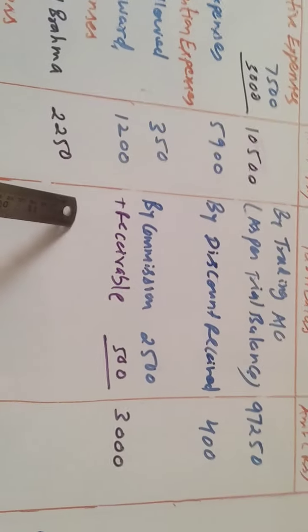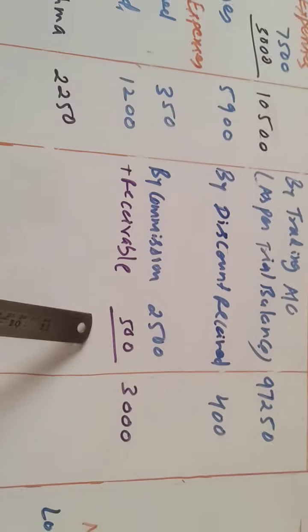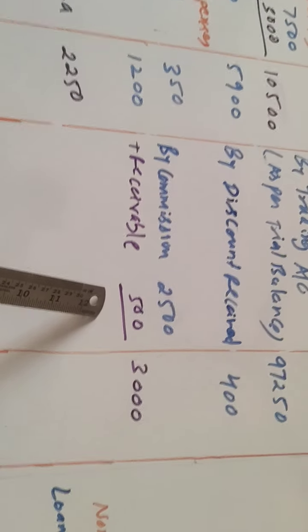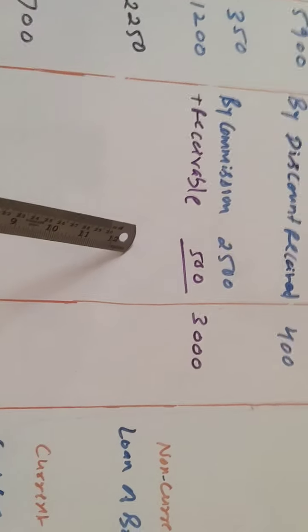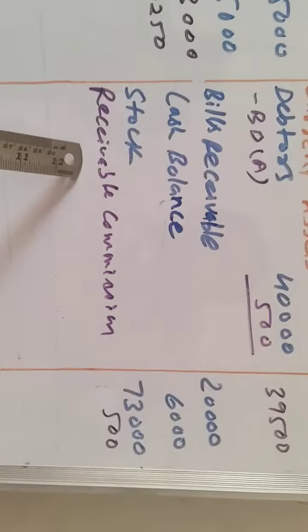Here now the receivable commission will be added to the commission 500, outer column 3,000. The other effect of this, as it is a receivable income, is that it is considered a current asset. So receivable commission 500 is here at the asset side of balance sheet.